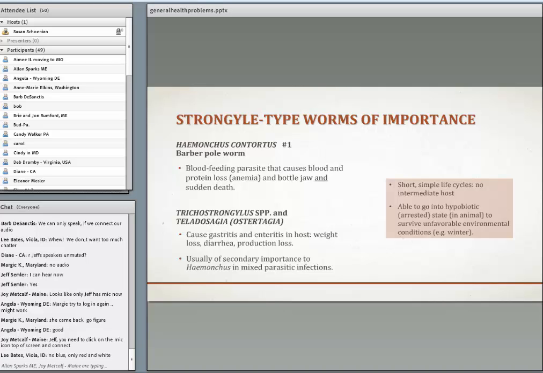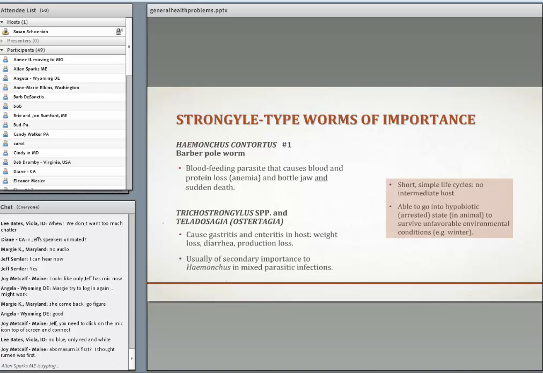The other parasites that are important but of secondary importance are Trichostrongylus and Teladorsagia, which we used to call Ostertagia. These are the parasites that cause the digestive symptoms. The abomasum is where the barber pole worm takes up residence.